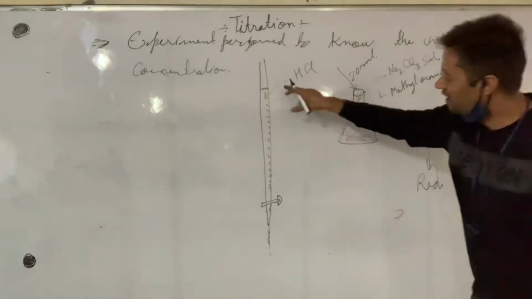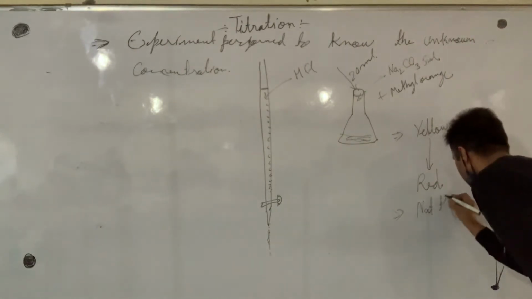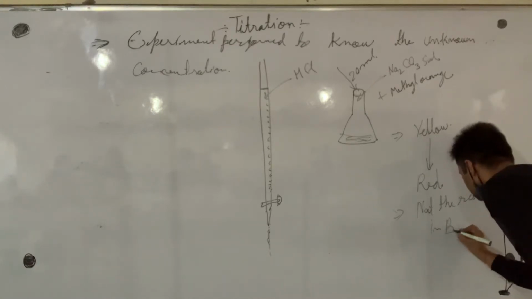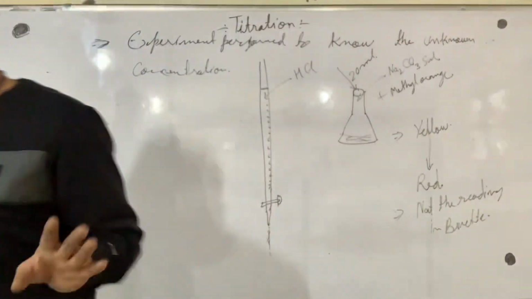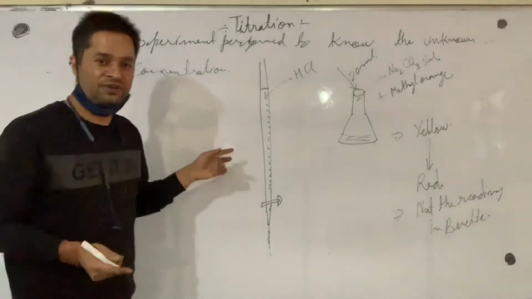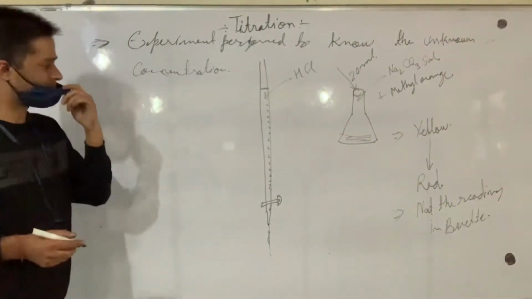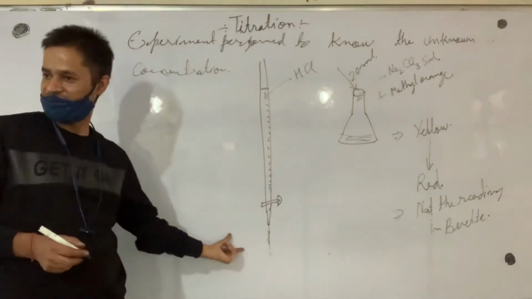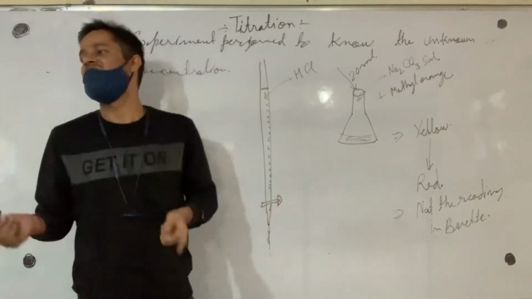Then note down the reading in the burette. This is the simple procedure. Now, if you take sodium carbonate solution in the burette and HCl in the conical flask, then only one thing will change.